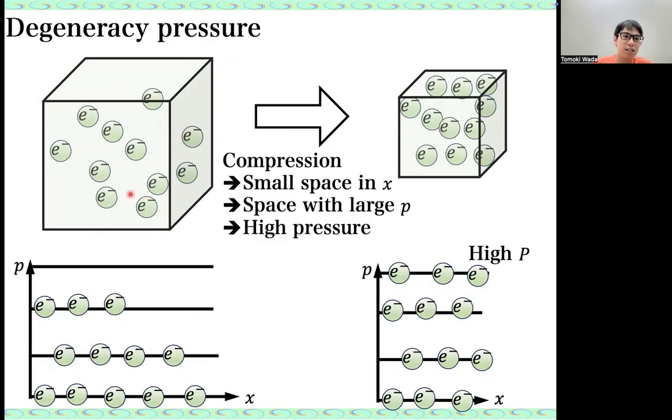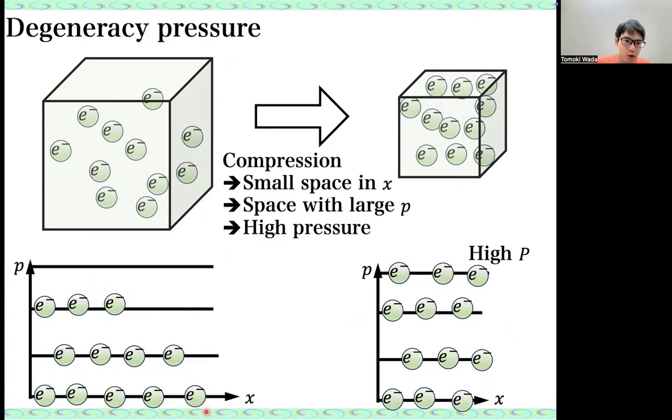In this case, the electrons occupy these positions and momenta. And let's compress this electron gas. When it is compressed, the possible position range decreases. It means the maximum value of X decreases due to compression.